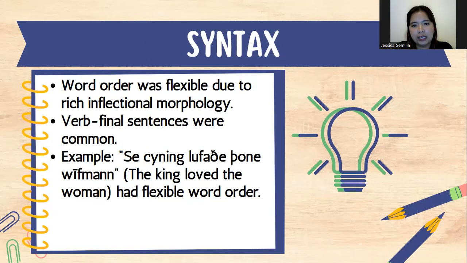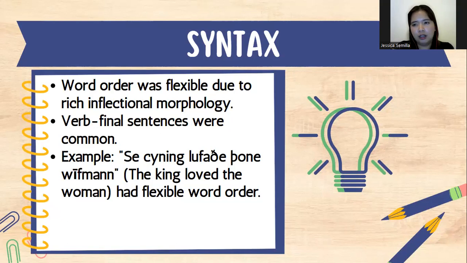Next one is syntax, which talks about structure. Word order was flexible due to the rich inflectional morphology, so verb-final sentences were common. For example, the one that I cannot read. I'm not very familiar with how you read it, but if you translate it, it means the king loved the movement.